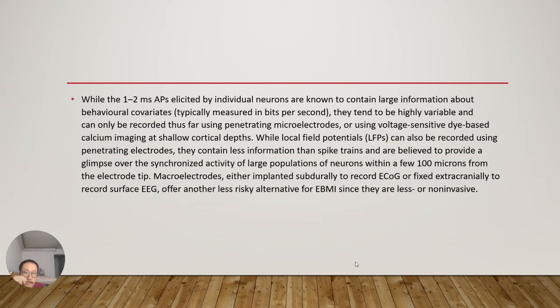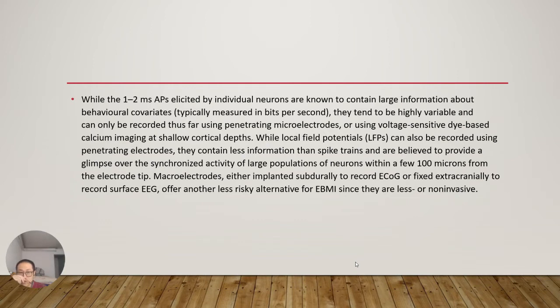They contain less information than spike trains and are believed to provide a glimpse over the synchronized activity of large populations of neurons within a few 100 microns from the electrode tip. Macroelectrodes, either implanted subdurally to record ECoG or fixed extracranially to record surface EEG, offer another less risky alternative for BMI since they are less or non-invasive.